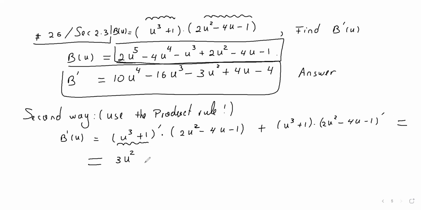So we don't write the 0 there, just 3u squared times 2u squared minus 4u minus 1, plus, and over here for the second part will be u cubed plus 1. We didn't do anything to that. We just wrote it there, times the derivative of this guy, which is going to be 4u minus 4, minus 0, which would be gone.